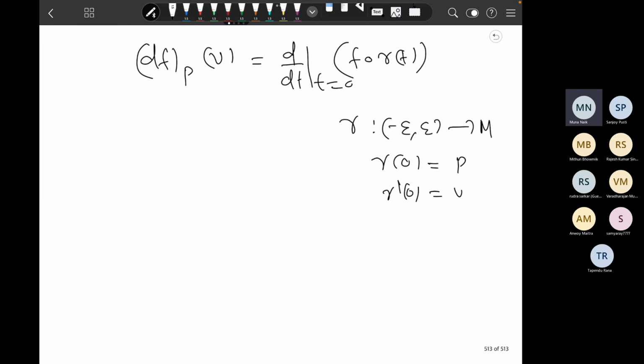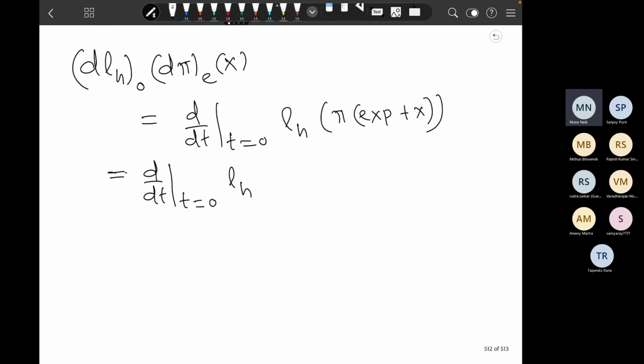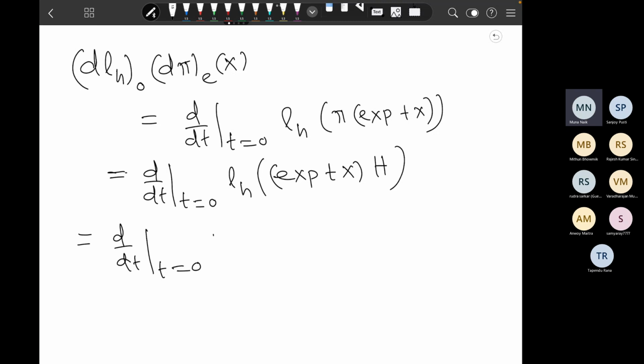So I am applying this same fact again. This is d by dt at t equal to 0 of pi of h times exponential of tX, which is d by dt at t equal to 0 of pi of h exponential of tX times h.